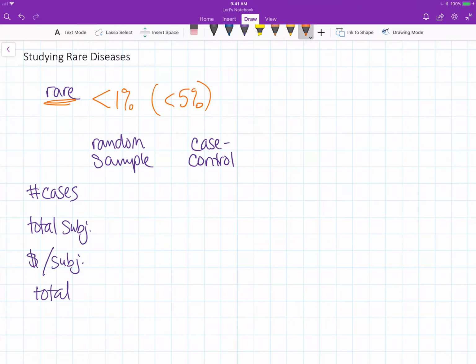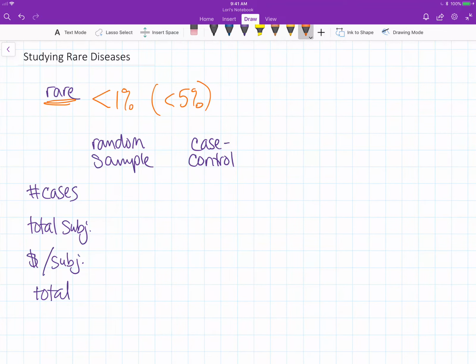And so then a lot of times people will ask, what are some examples of some rare diseases? Well, there are lots and lots of them. A lot of the chromosomal abnormalities are pretty rare. There are a number of different kinds of cancer that aren't very common. Different infectious diseases can be not very common. And it also depends sometimes if you're looking at a specific location or a subgroup.